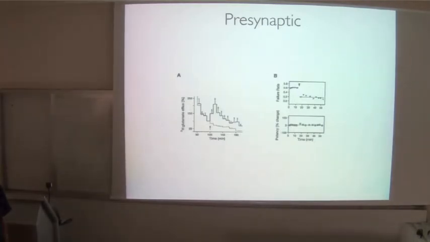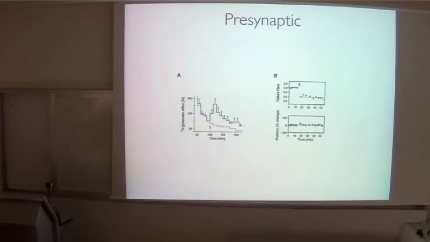If the failure rate decreases, it means that the probability of getting an EPSP is increasing, and this translates into a presynaptic mechanism, because a postsynaptic mechanism shouldn't have any failure ratio. Whenever it has glutamate, it will give you an EPSP. The receptors always open when they have glutamate. There is no probabilistic thing going on there. And whenever you have an EPSP, the size is the same.